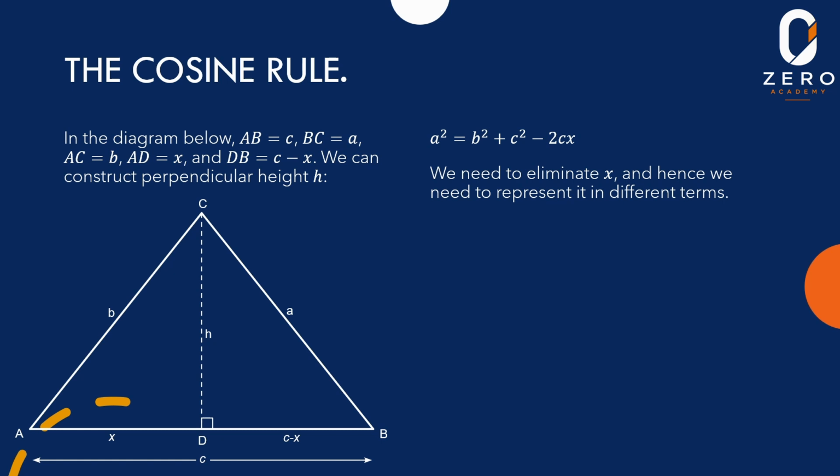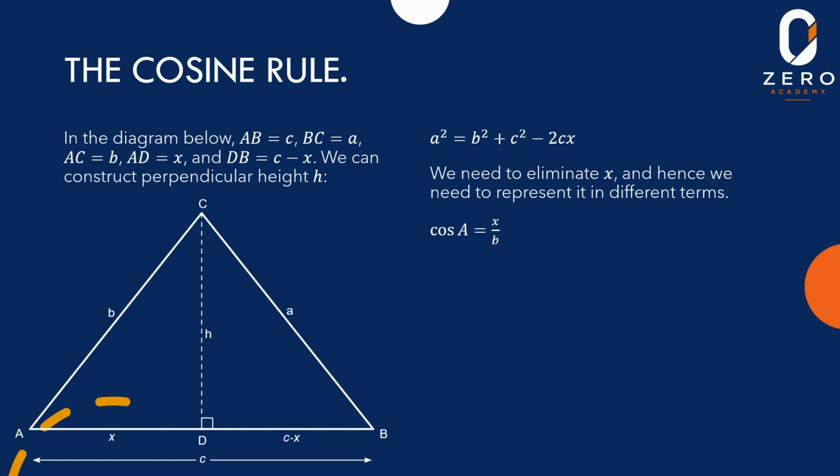We need to now eliminate the x, and hence we need to represent it in terms of a, b, and c, because those are the sides that make up my larger triangle, not the smaller ones. To do that, I'm going to say in triangle CAD, cos of A is equal to adjacent over hypotenuse, which is equal to x divided by b.